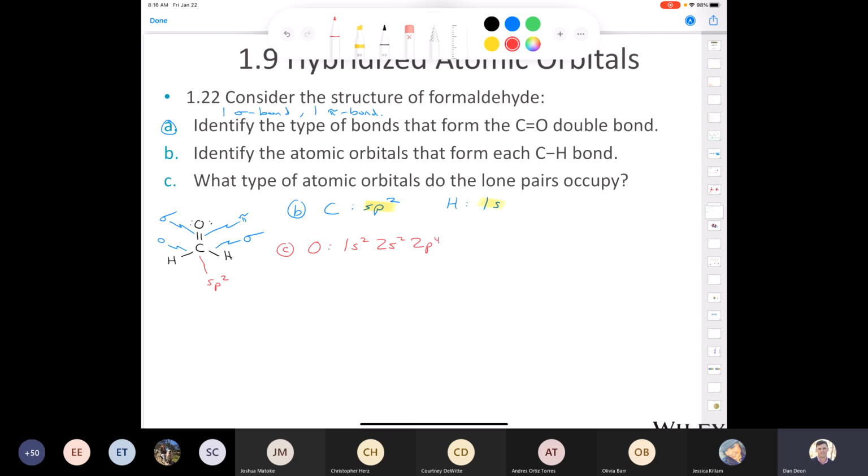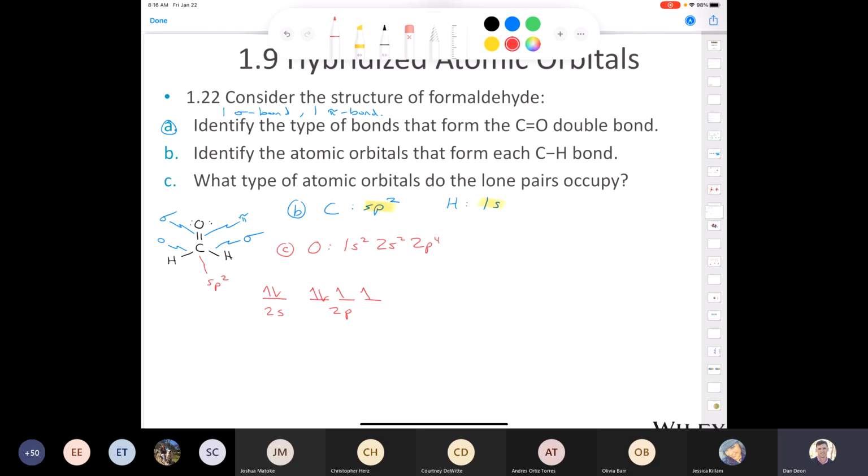If we just look at the orbitals that contain the valence electrons, we have 2s and then 2p. So we have 2 electrons in the s, and then we have 4 electrons in the 2p.